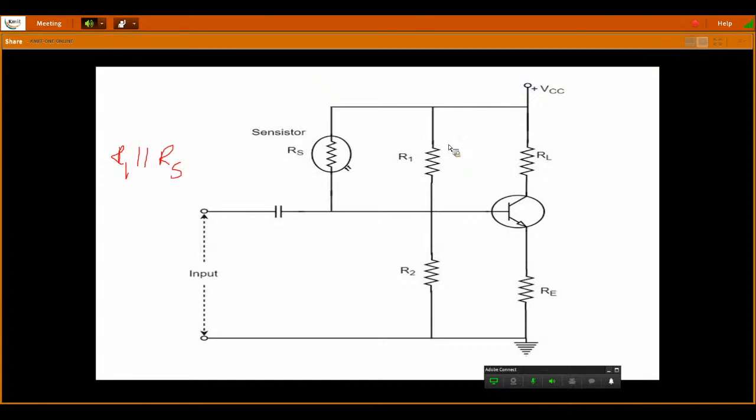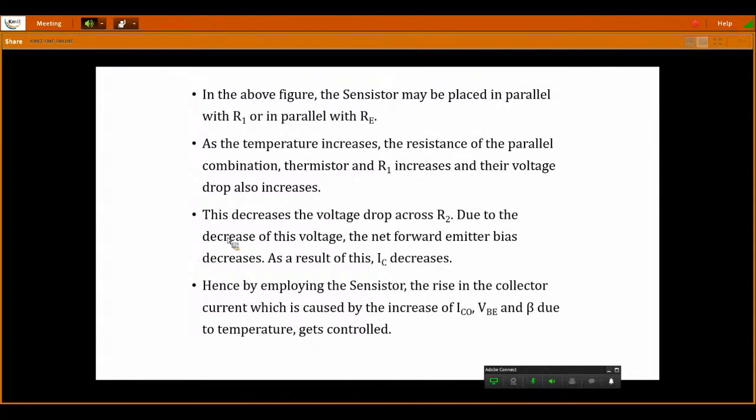When it is more, the amount of current flowing through this parallel combination of R1 and RS, call it I1, drops more, and then the amount of voltage across this R2 now decreases.